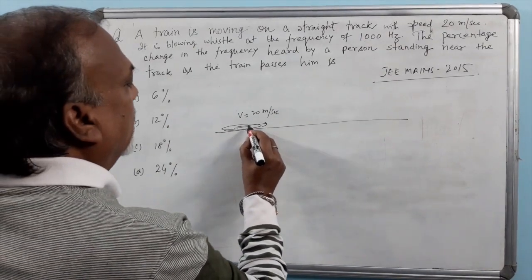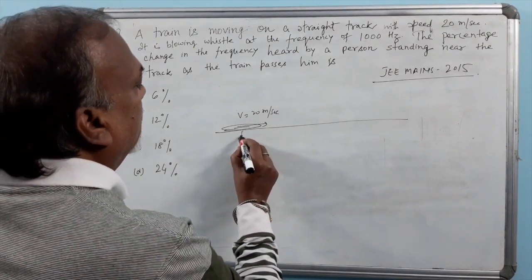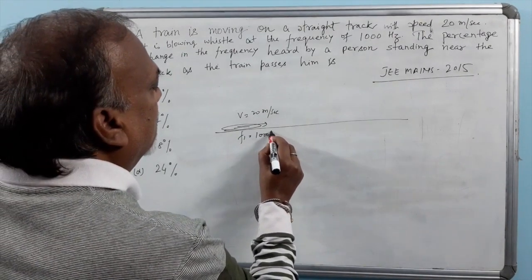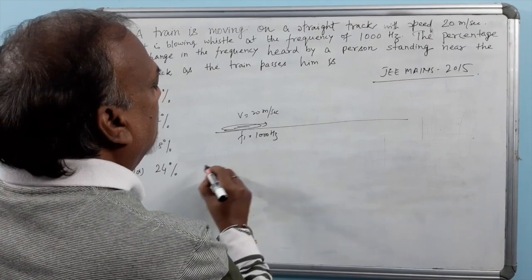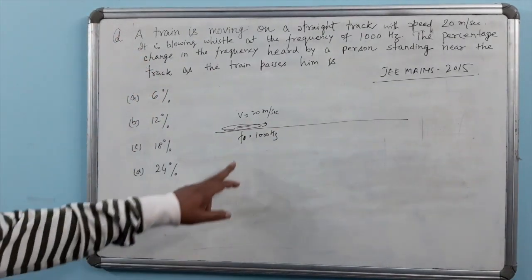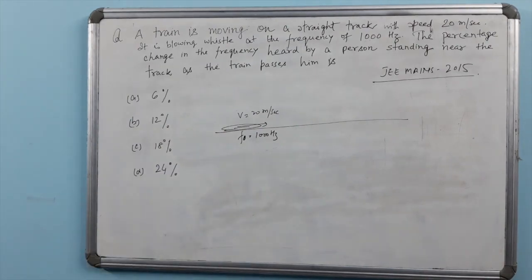So the frequency f0 is basically the original frequency, that is 1000 Hertz.